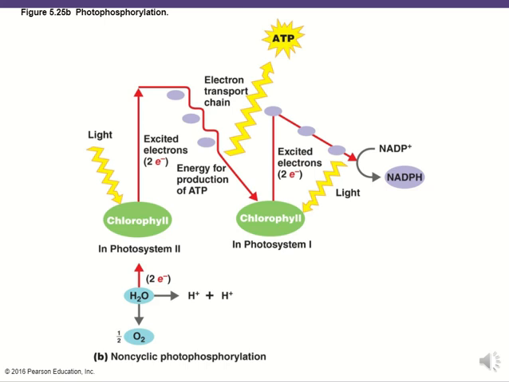They enter photosystem 1, and then they once again are released and go through a different electron transport chain to help reduce the coenzyme NADP plus to NADPH. In both cases, in order for electrons to be released from chlorophyll in order to oxidize chlorophyll, light must interact with chlorophyll.